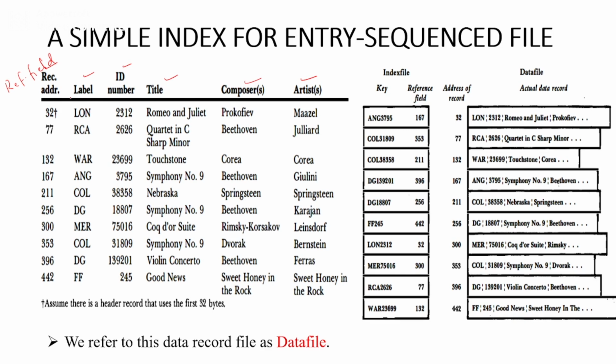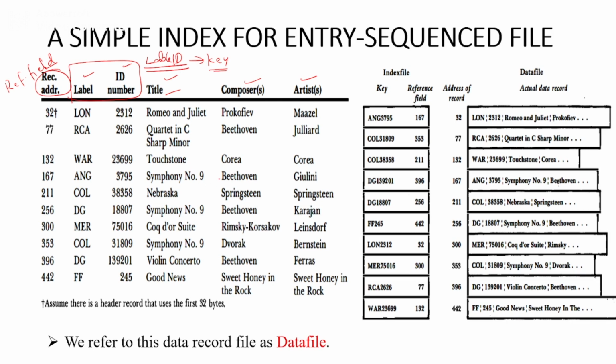So I will club the label and ID number together as the label ID, and I take that as the key. The reference field is the record address, and the label ID, that is the label and ID combination, is the key. Then title, composer and artist are the secondary keys.